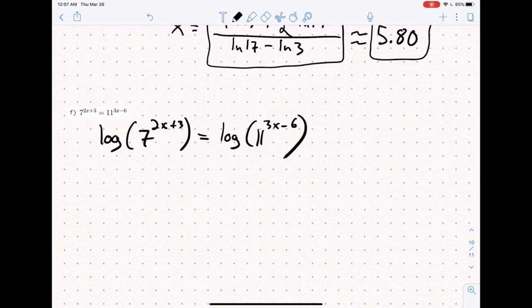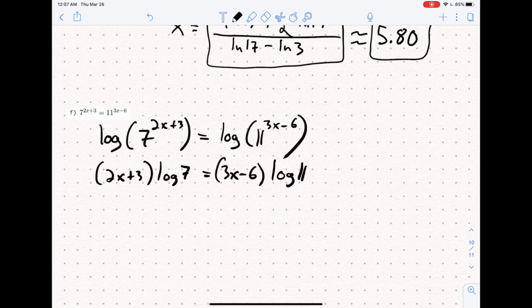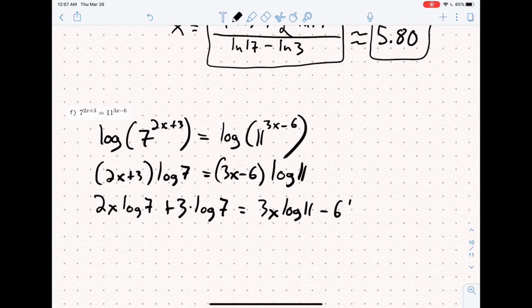Now we bring the exponents to the outside. (2x plus 3) times log 7 is equal to (3x minus 6) times the log of 11. All right, we distribute the logs through, so this is 2x log 7 plus 3 log 7 is equal to 3x log 11 minus 6 log 11.